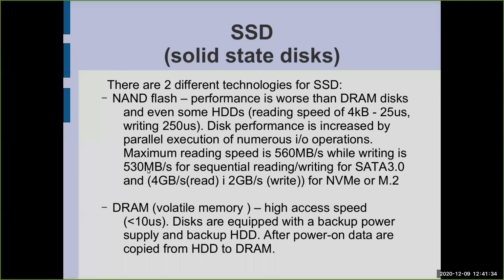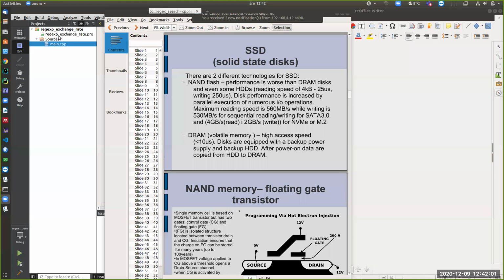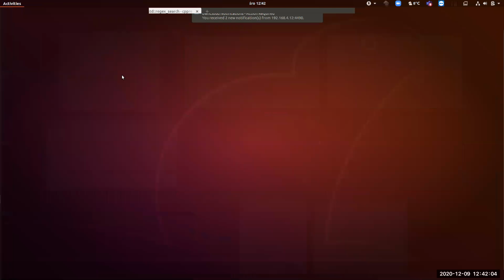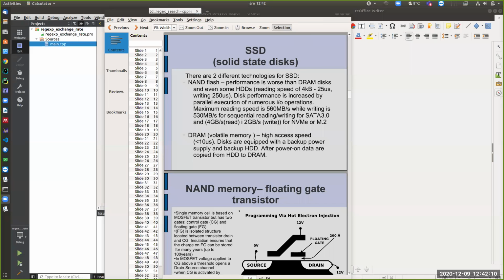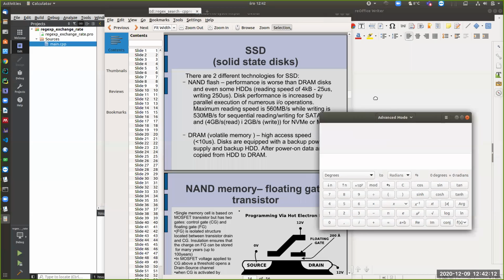So for us, the most interesting is NAND flash. Look, what is typical? When we have NAND flash, the reading time of a single sector is 25 microseconds and writing is 250 microseconds. So let's try to calculate the performance.